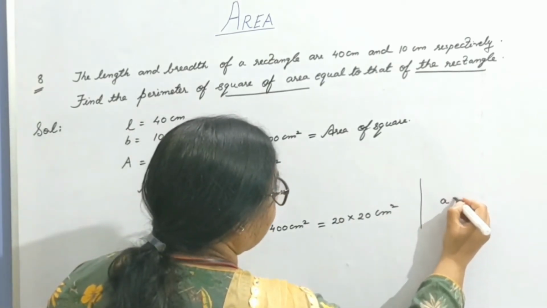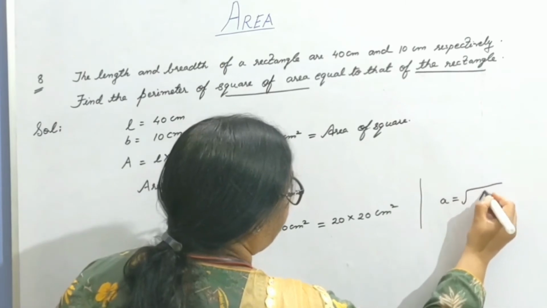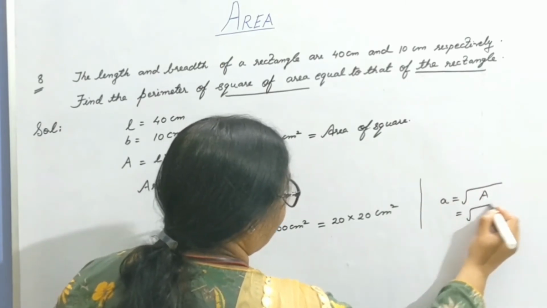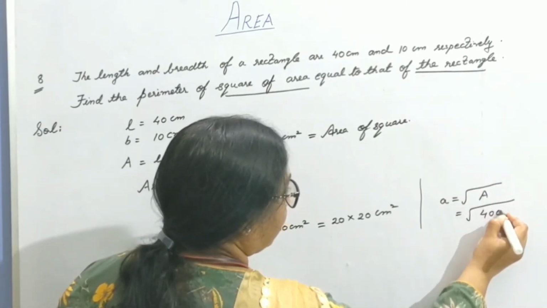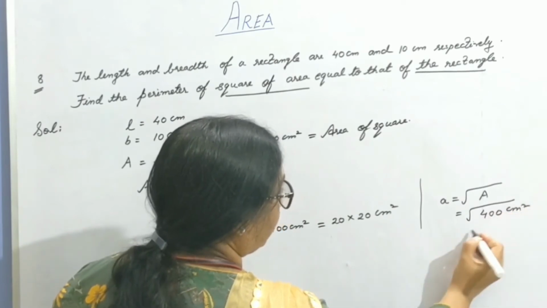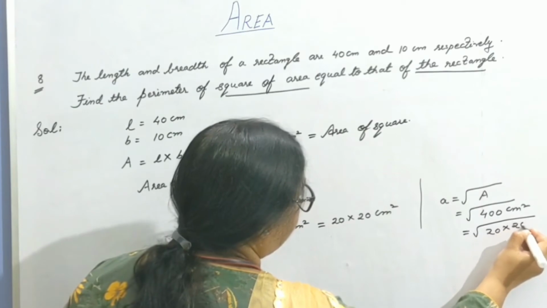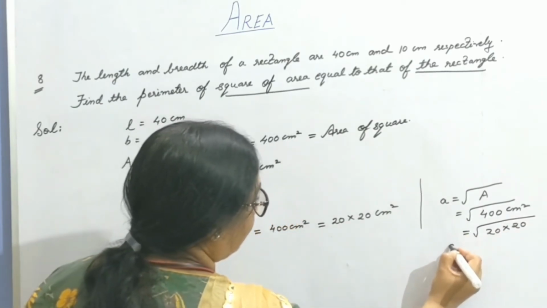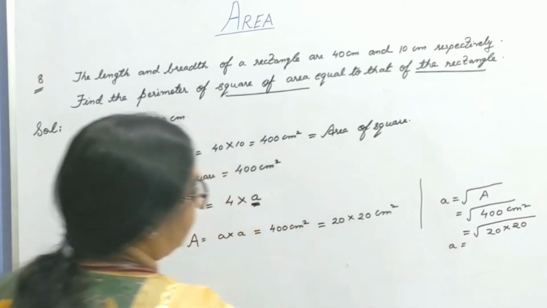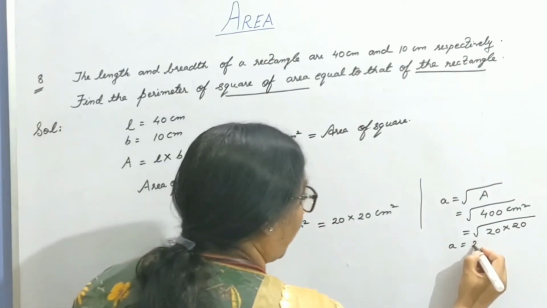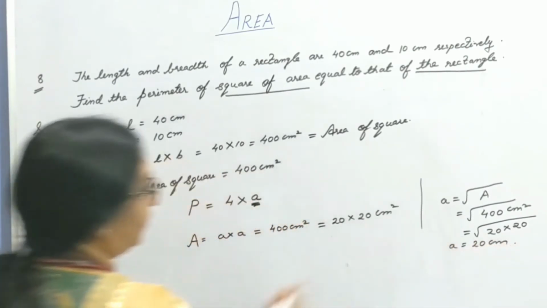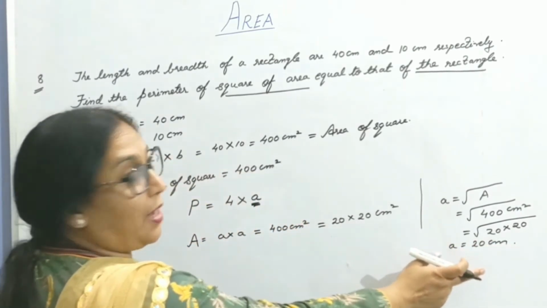Each side is the square root of the area, that is square root of 400 centimeter square. So when you change it, it becomes 20 into 20. So each side is 20 centimeter.